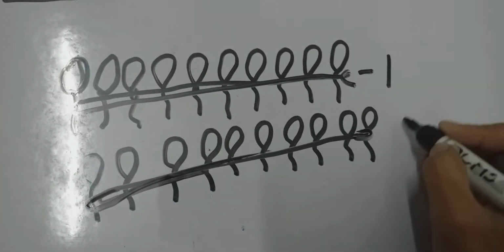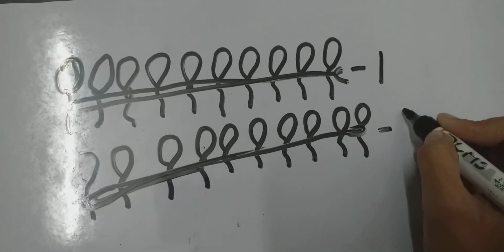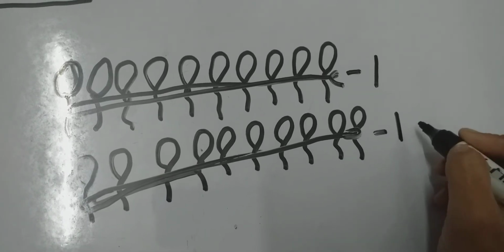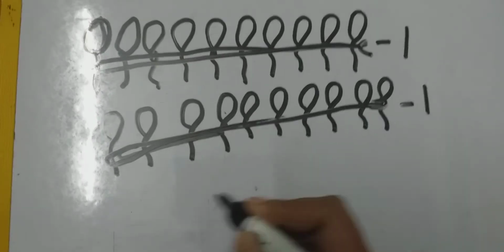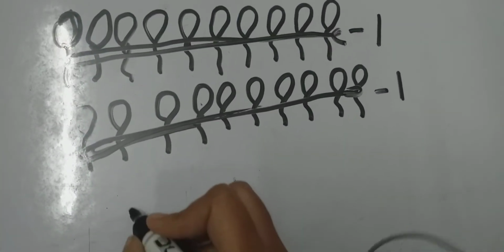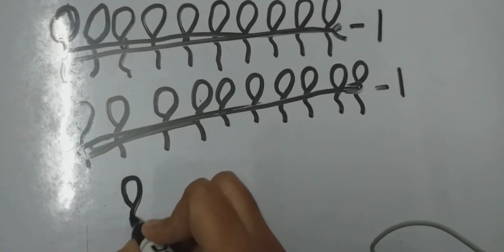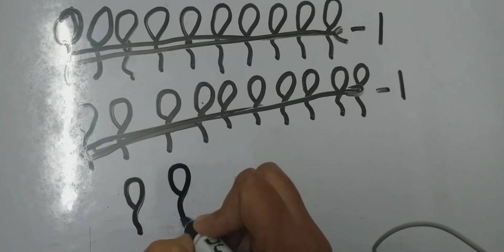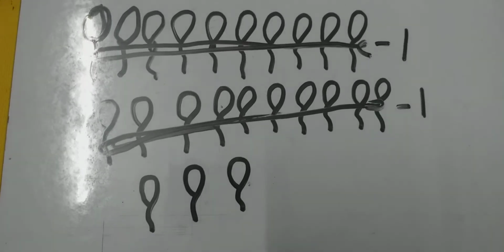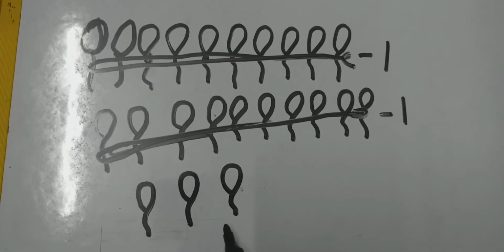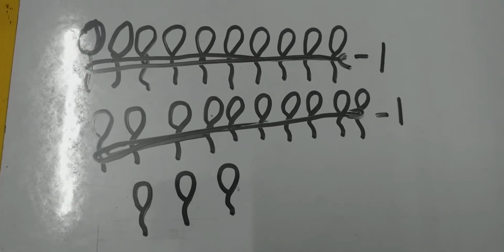So I have one more bundle. 2 bundles. Okay. Now so children, now I have 3 balloons without a bundle.